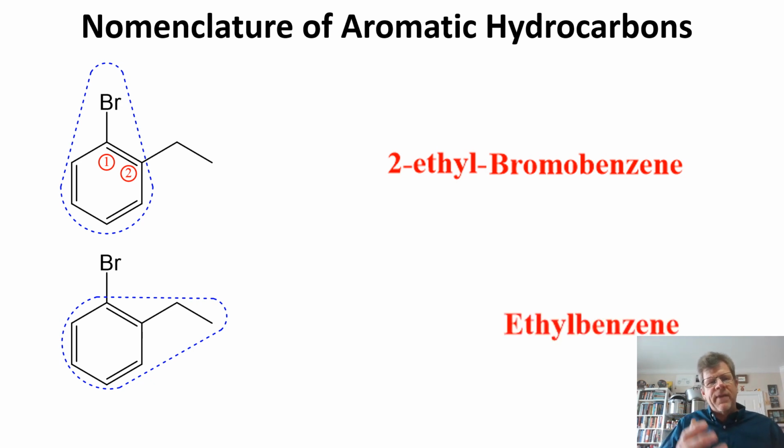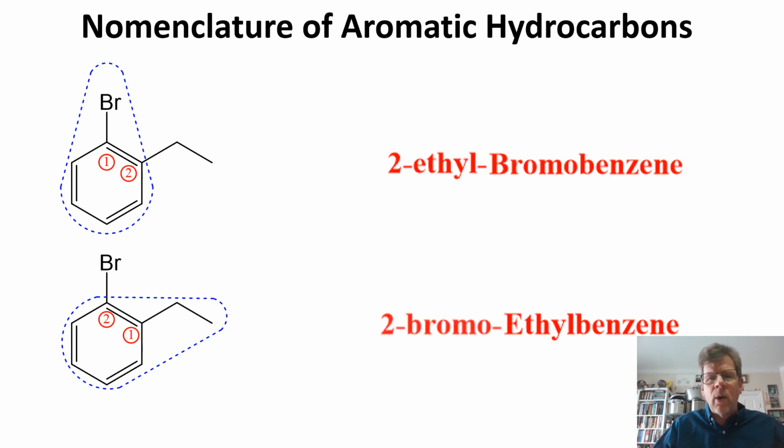Now numbering that, the bromo would be a substituent, but the ethyl group on ethyl benzene always takes that one carbon designation, and now we would have to count around the ring in the direction which gives the other substituent the lowest numerical designation. In this case, we'd have to go counterclockwise, which would bring the bromo group in as the 2 position as well.